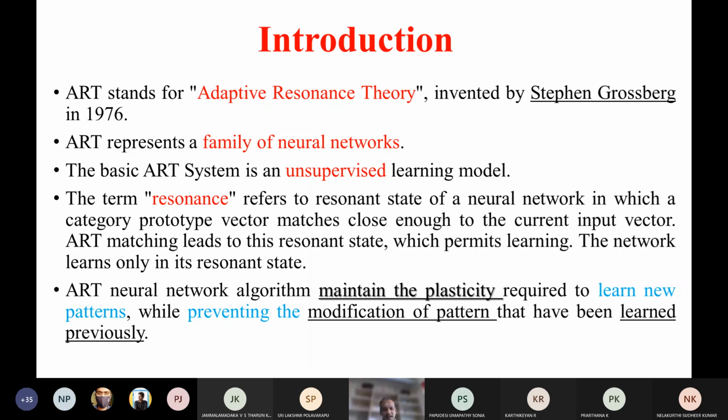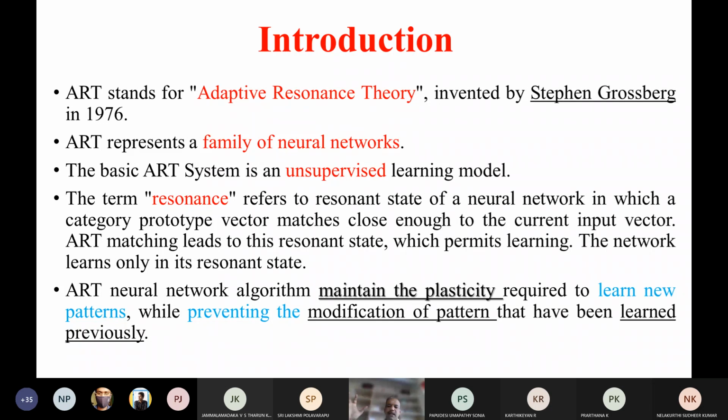Whenever I supply an input vector, the ART network tries to accept the current input vector, process it, and categorize it into one of the clusters or groups. That is considered the resonance state.